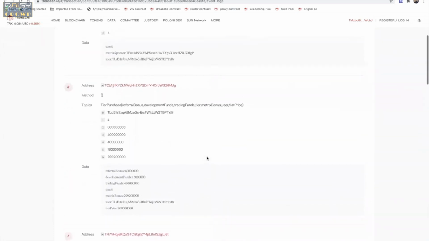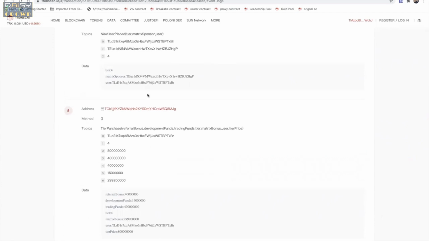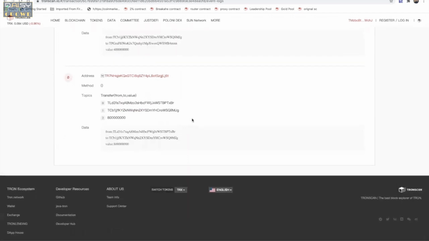This must not have been a tier 1 here. Yeah, this was a higher tier. Here it tells us right here, tier 4, I think this was. Yes, tier 4, you can see there.